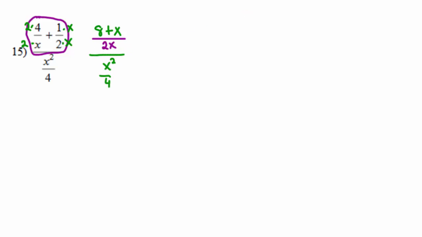So at this point what I do, because I'm dividing, is I leave the top alone, 8 plus x over 2x, times I flip the bottom, so that becomes 4 over x squared. And so I can check to see if anything simplifies, like the 4 and the 2 here, since it's 2x not 2 plus x, I can cancel out a 2 from each of those, and that's actually all I can do.